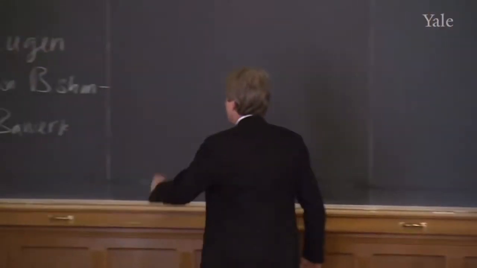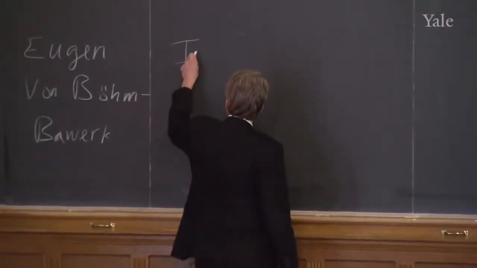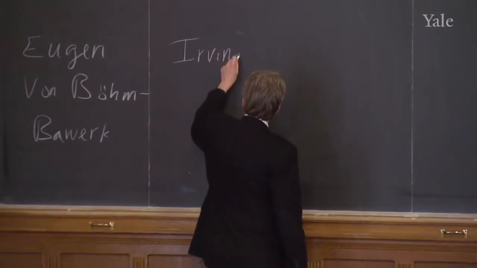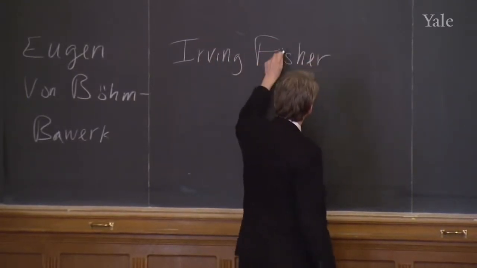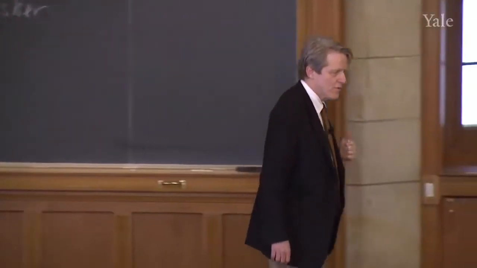So he left that train of thought for us. This was not mathematical economics. It was literary economics. But the next person I want to mention in the history of thought is Irving Fisher, who was a professor at Yale University.